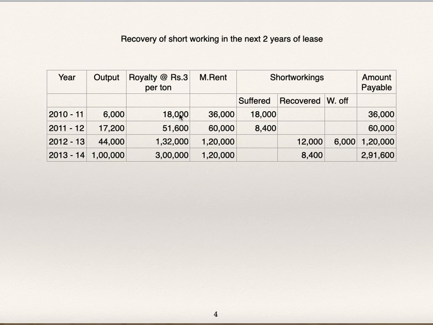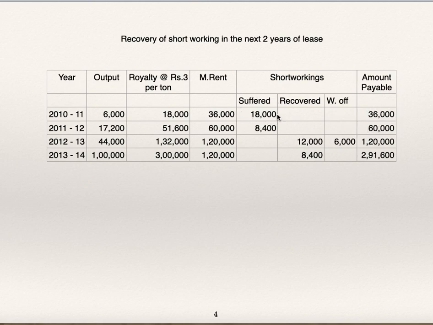If you see for the year 10-11, royalty is 18,000, minimum rent is 36,000. Difference between these two is short working, which you are supposed to write in suffered column because he is supposed to pay royalty or minimum rent, whichever is more. So he is supposed to pay 36,000.